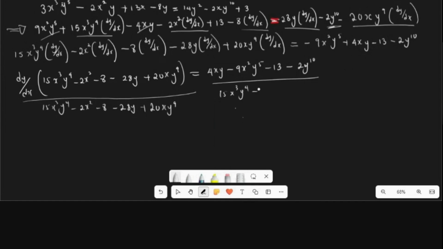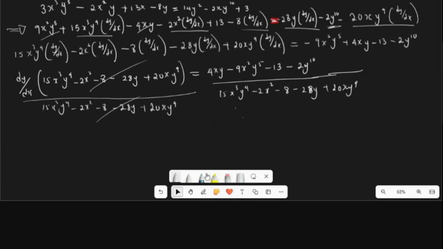If there are like terms, you would combine them, right? If you want to, sure, why not? So this one automatically cancels this.